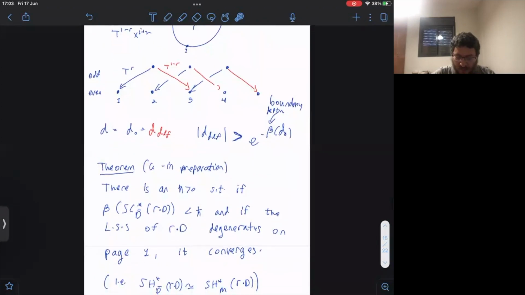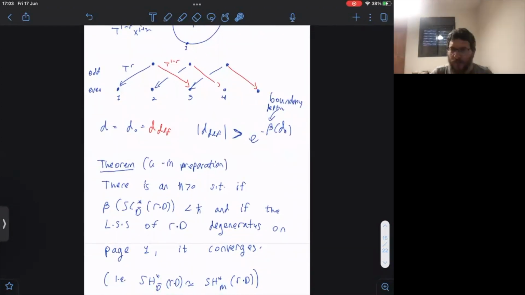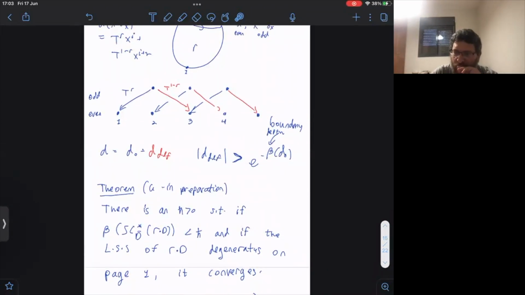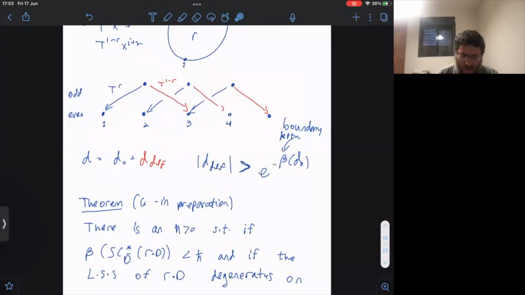So now there's a theorem. Sorry, I get confused. What is the norm of the deformed differential, how do you define it? So it's just e to the 1 minus r, I guess. No, it's e to the minus 1 minus r.